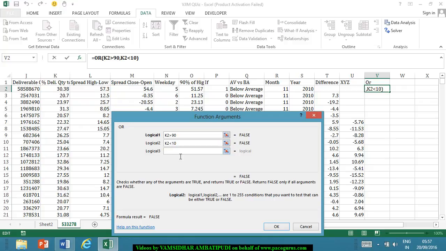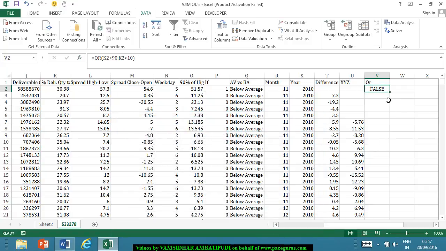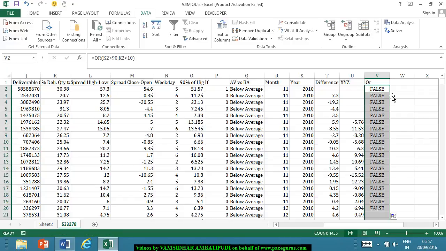If required, I can put equal to also, but that's okay. So I'm putting it as greater than 90% or less than 10%.